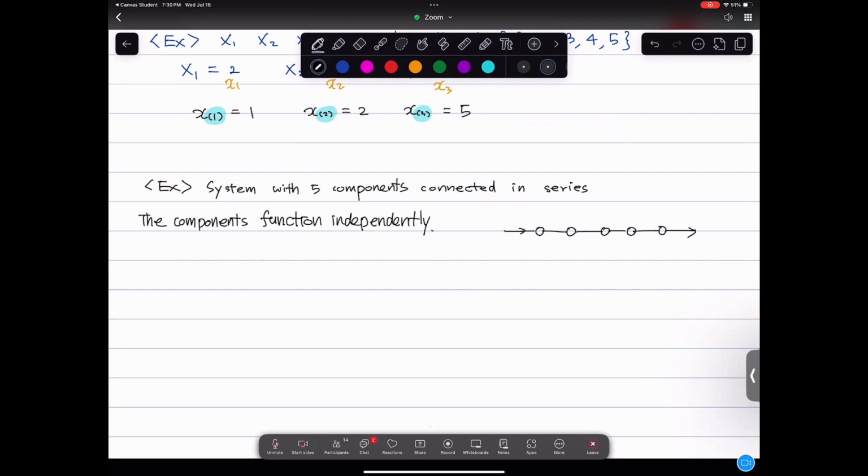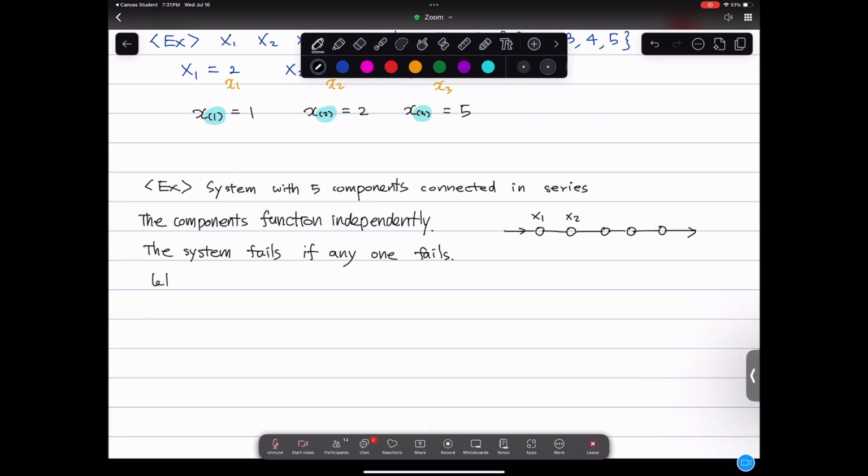Since the system has 5 different components connected in series like this, the entire system will fail if any one of the 5 fails. So I can call the failure time of component 1 x1, and the failure time of this one x2, and so on.